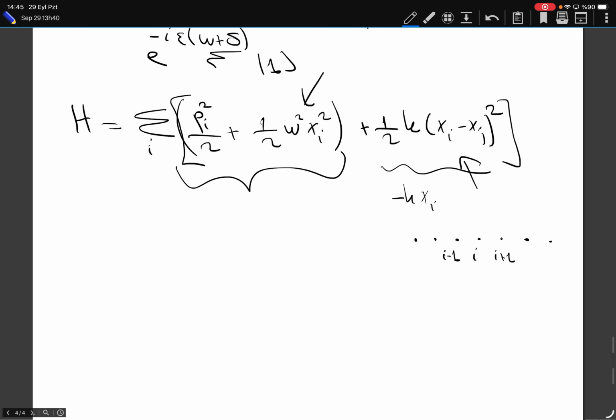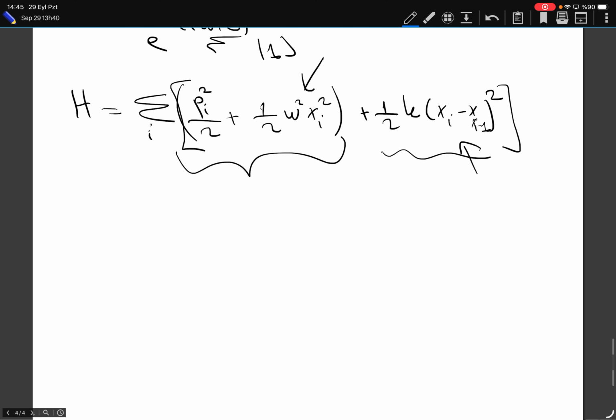Well, let me not say x_i minus x_j, but x_i minus x_{i-1}. They're all the same thing. What I mean when I say they are the same thing is this Hamiltonian is this one.